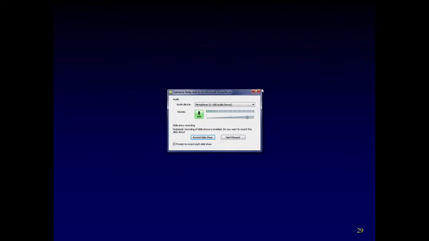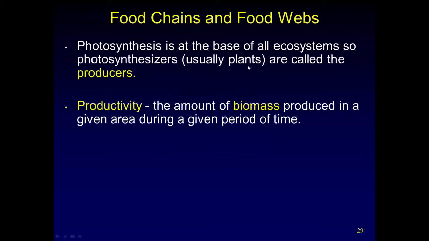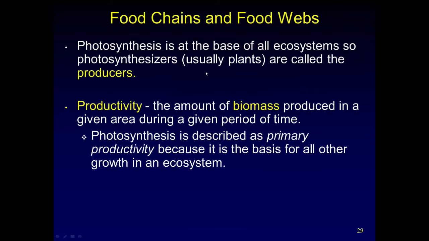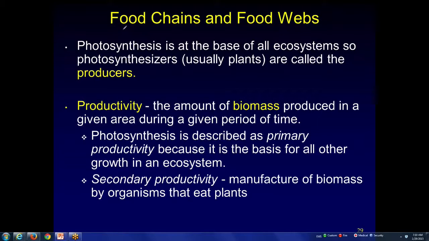A lot of the concepts were introduced there in that video. So food chains and food webs, let's get into a little bit about what this is. In a food chain, as you saw in the video, it is more linear.